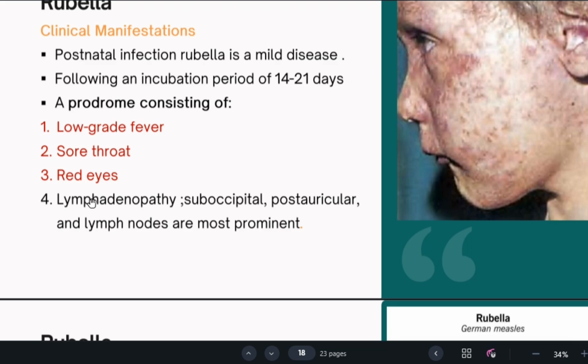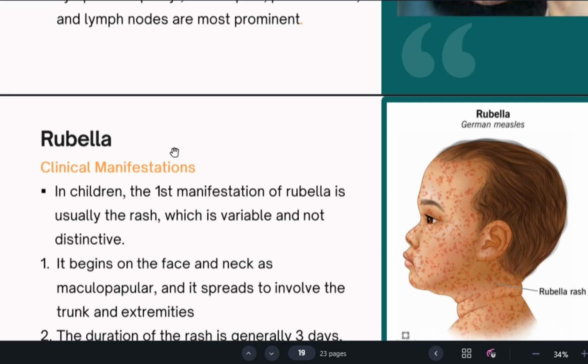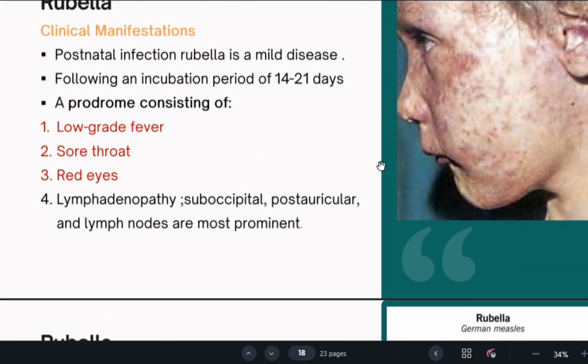Lymphadenopathy: suboccipital and postauricular lymph nodes are more prominent on examination, and this will aid in diagnosis. Same as measles, but with suboccipital and postauricular lymph node enlargement. This is rubella.